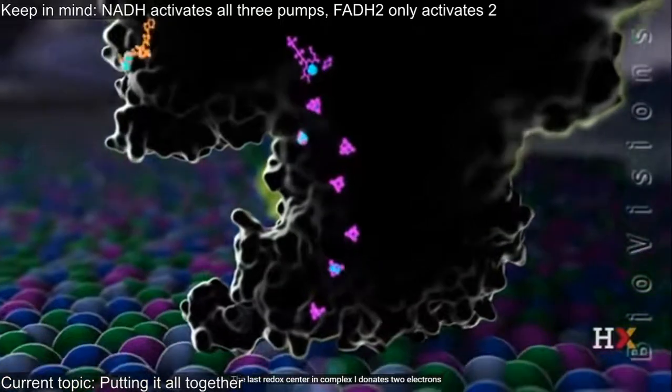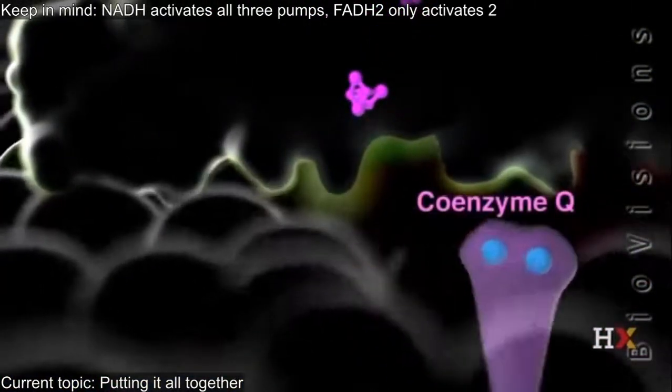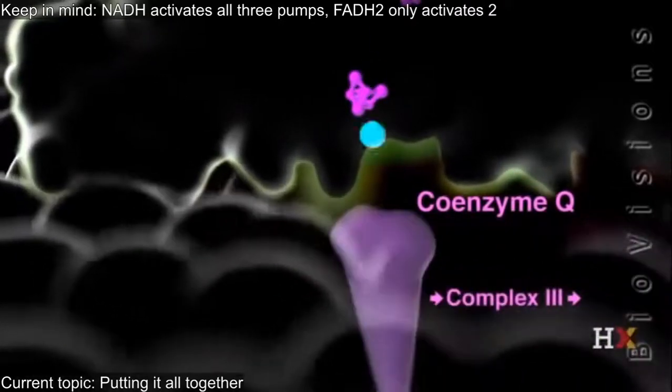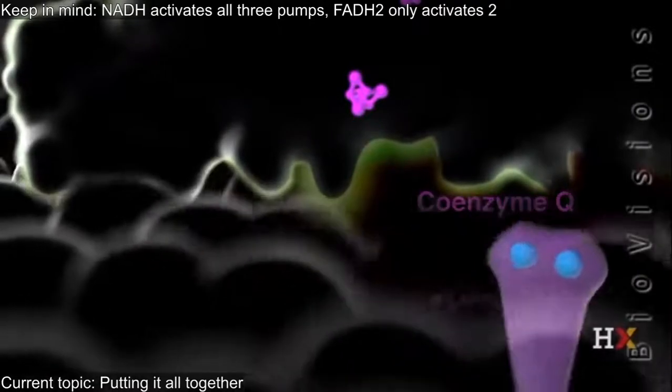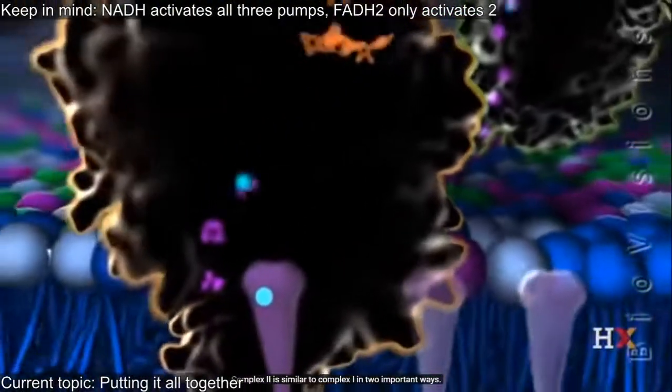The last redox center in complex 1 donates 2 electrons to a coenzyme Q molecule. Complex 2 is similar to complex 1 in 2 important ways.